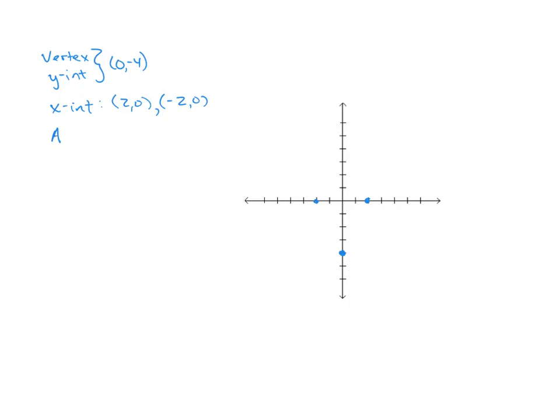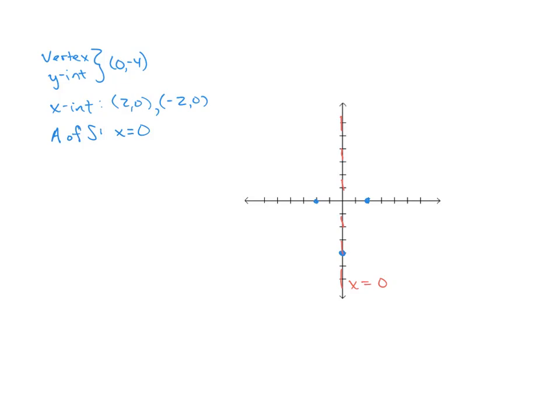Our axis of symmetry is going to be the x-coordinate of our vertex, so it's going to be x equals 0. Just like we saw in our last presentation, our axis of symmetry is actually the y-axis.